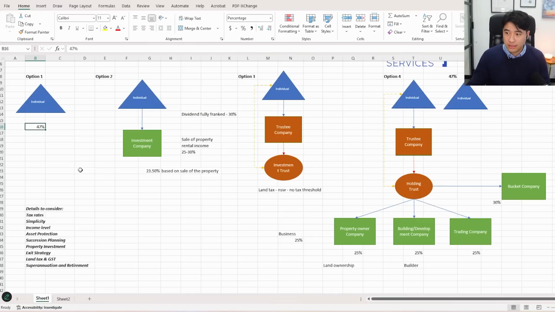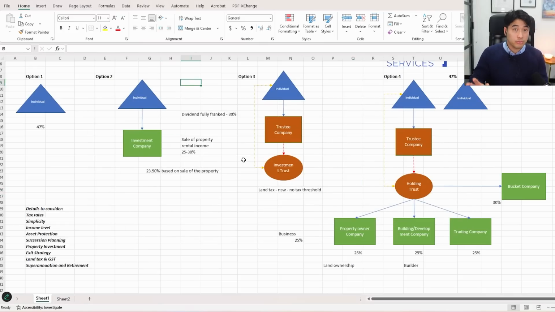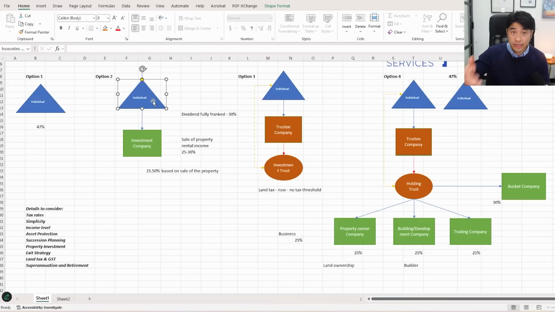It's just very risky. How do you borrow to purchase a property in a bucket company? How do the banks do this? Do you need to show your trading company value? Yeah, so it's best to speak to a broker, because I'm not a mortgage broker, though I know people and can probably introduce you. But the way it works is that they need to find the business or the individual that can guarantee the income for this bucket company. So if you own this bucket company, for example, and you make income in your personal name, like PAYG, then they can use your PAYG.